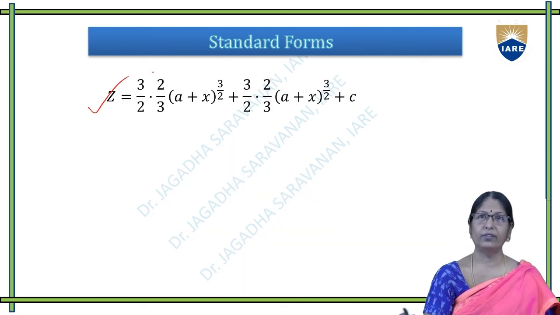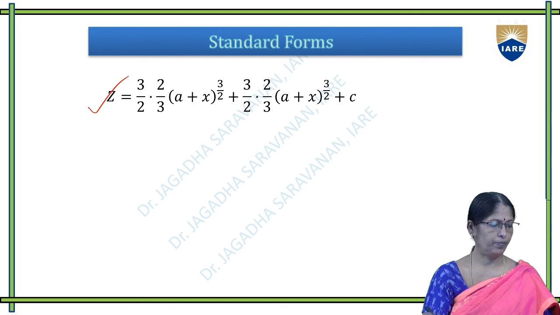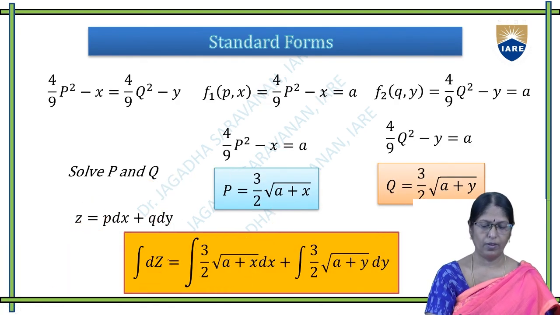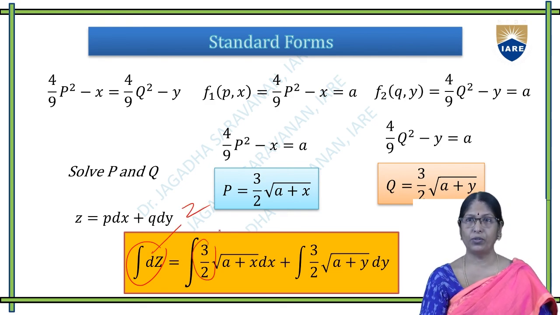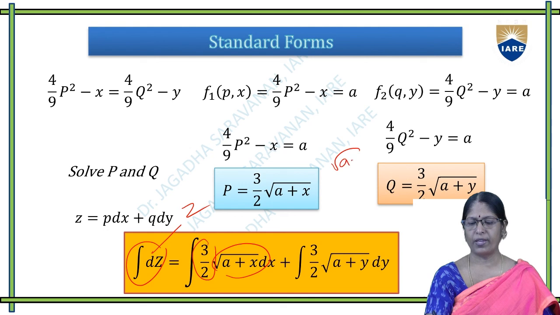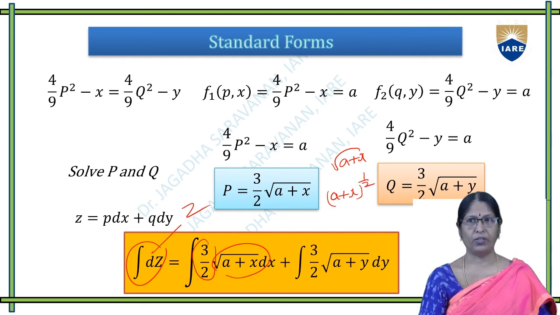So the left side is the integral of d capital Z, which is capital Z, and this integration is capital Z. This is 3 by 2, and here we can see square root of A plus X. So the square root of A plus X is nothing but A plus X, the whole power 1 by 2. So 1 by 2, n is playing the role.